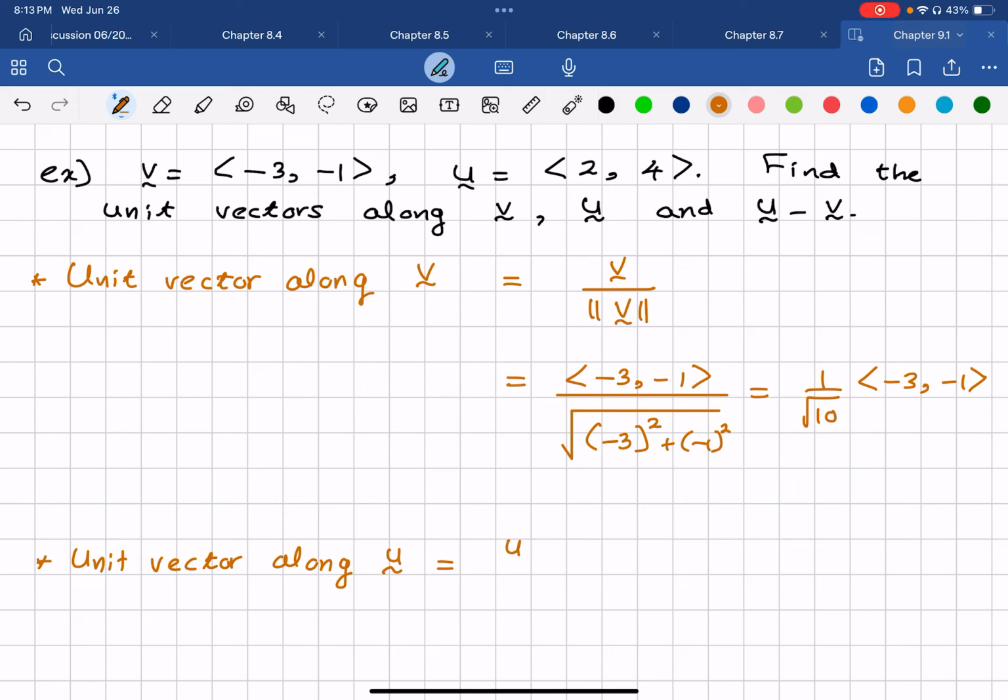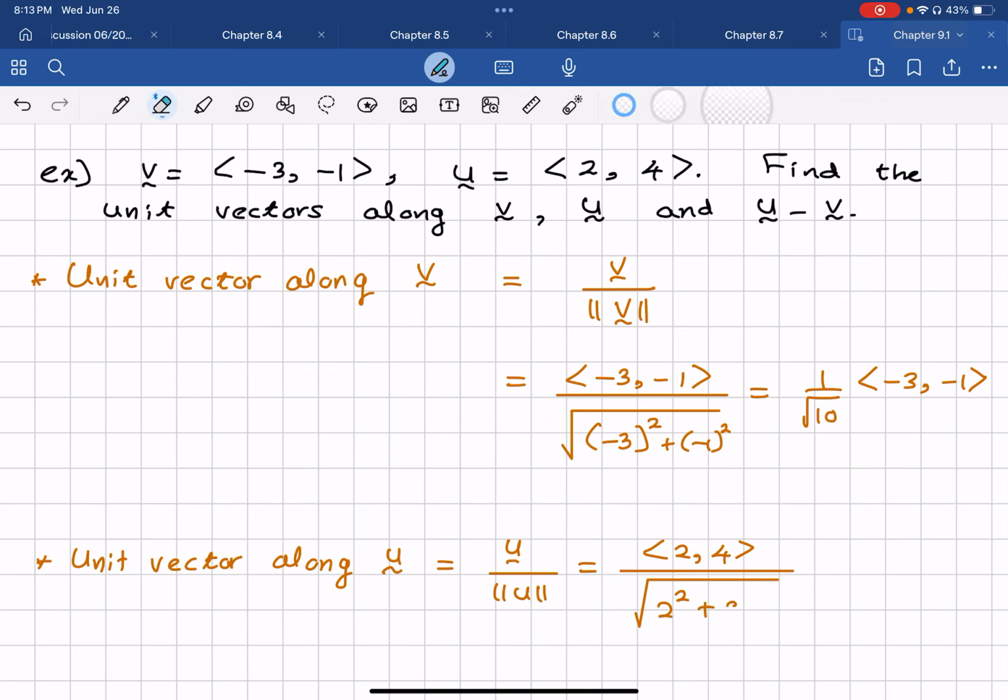So what I have to do is I have to divide my vector u by the norm of vector u. Vector u is going to be 2, 4, and then I would divide vector u by the square root of 2 square plus 4 square. That is the norm of vector u.